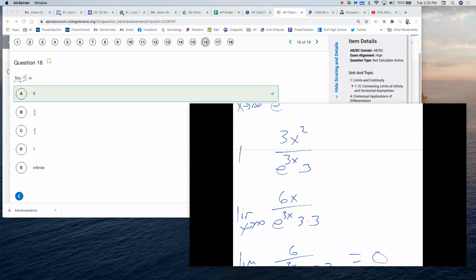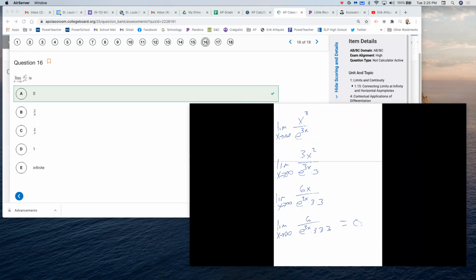And then if I go back up and write these in there. Now in the multiple choice, I don't have to establish that the top and the bottom are in an indeterminate form because I don't have to show my work on a multiple choice. But that's the way you get 0 on that. So I just kept on differentiating. And shoot, let's say you screwed up the chain rule on this and you never did the chain rule.